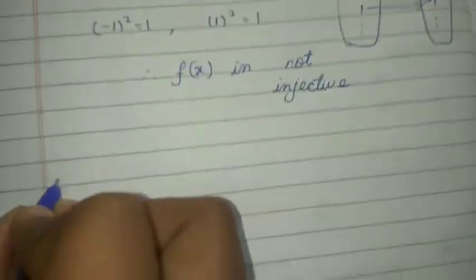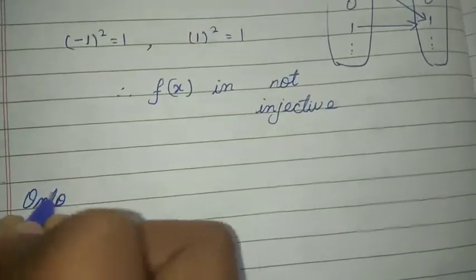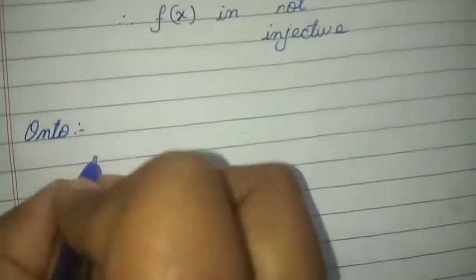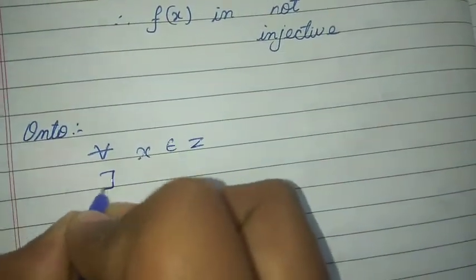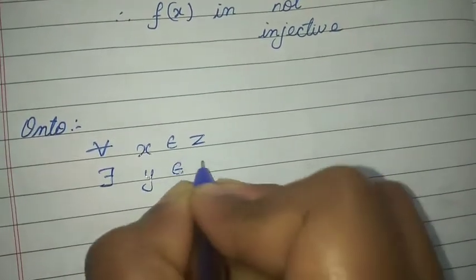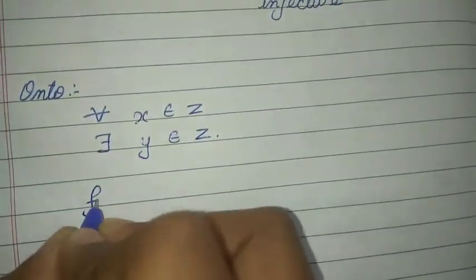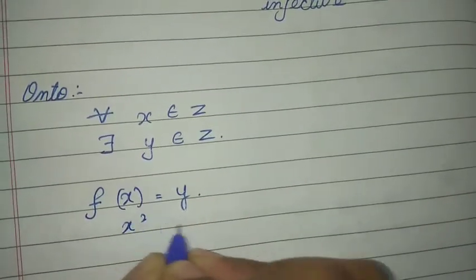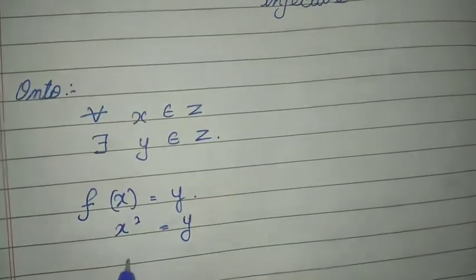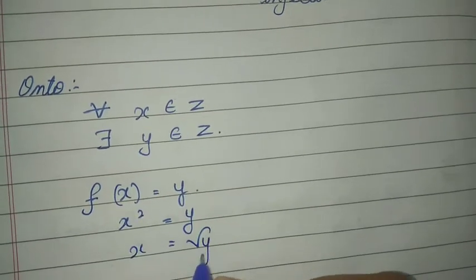So now we'll move on to onto. For every x belonging to Z, there exists y belonging to Z. Okay, so f of x is equal to y. So x square is equal to y. So x is equal to root y.